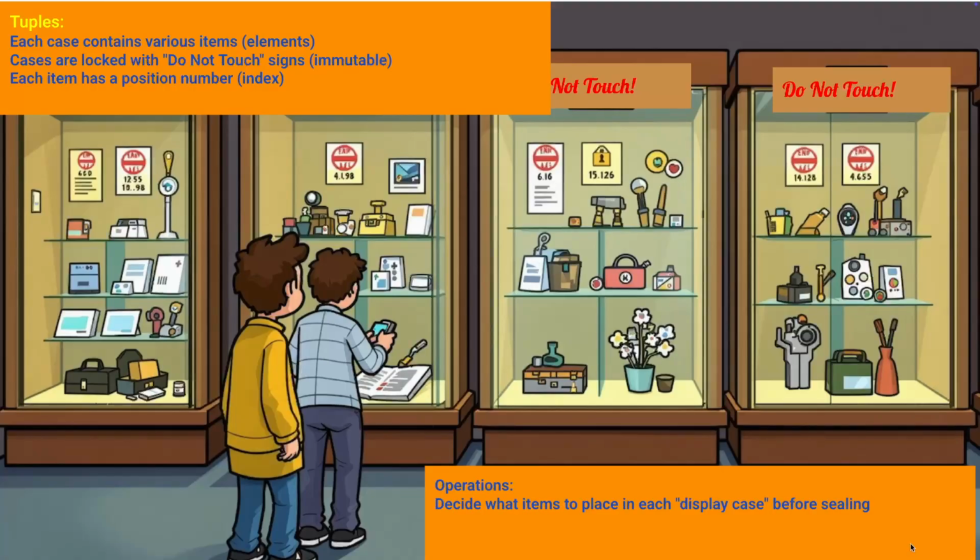So some of the operations. You could decide what items to place, of course, in each case before sealing them. And if we compare this to the shopping cart example, where you can modify the elements in the shopping carts, and you can also change the position of shopping carts, and you can also remove them, there is lots of flexibility in lists, not so much flexibility in tuples.